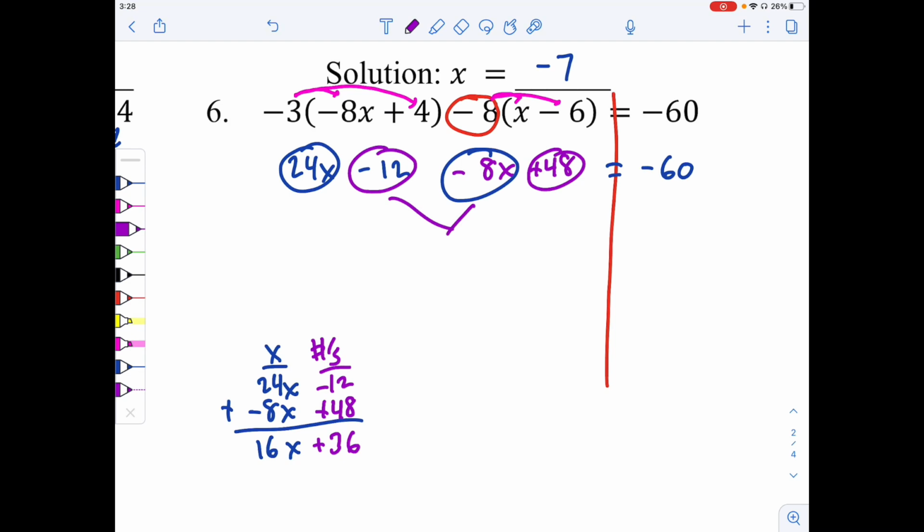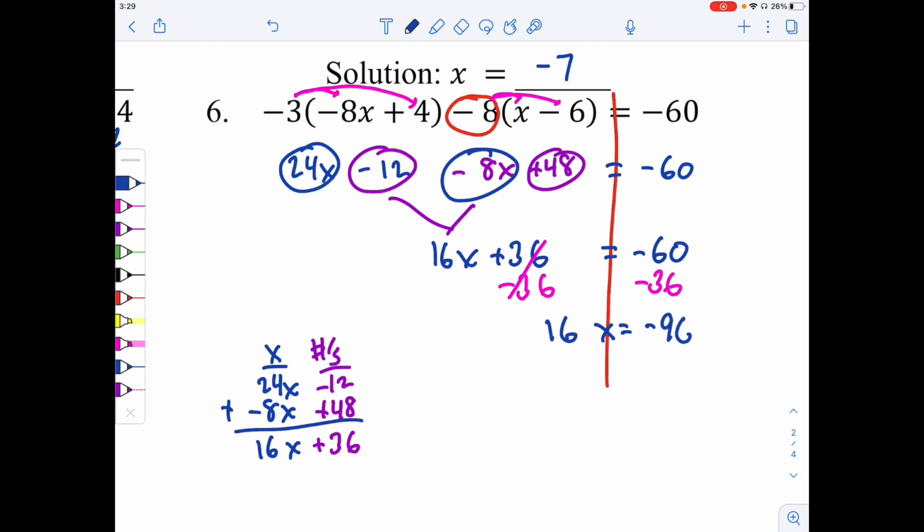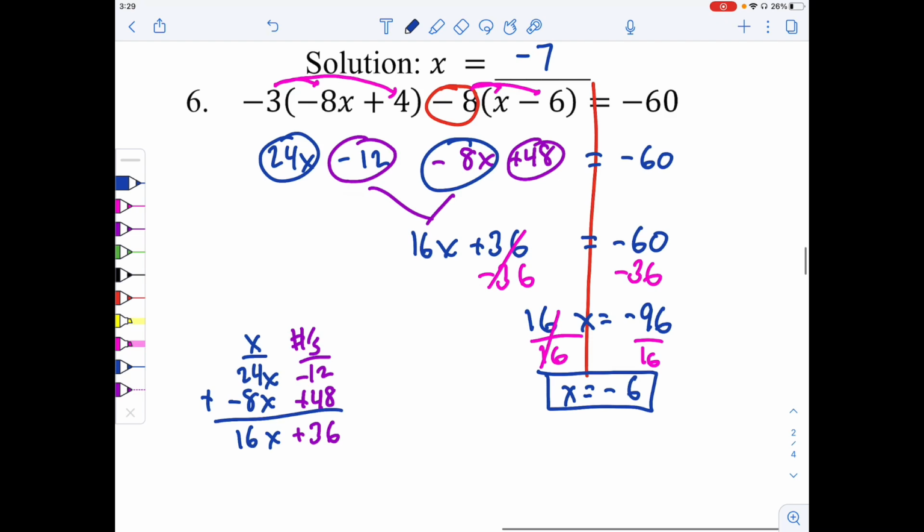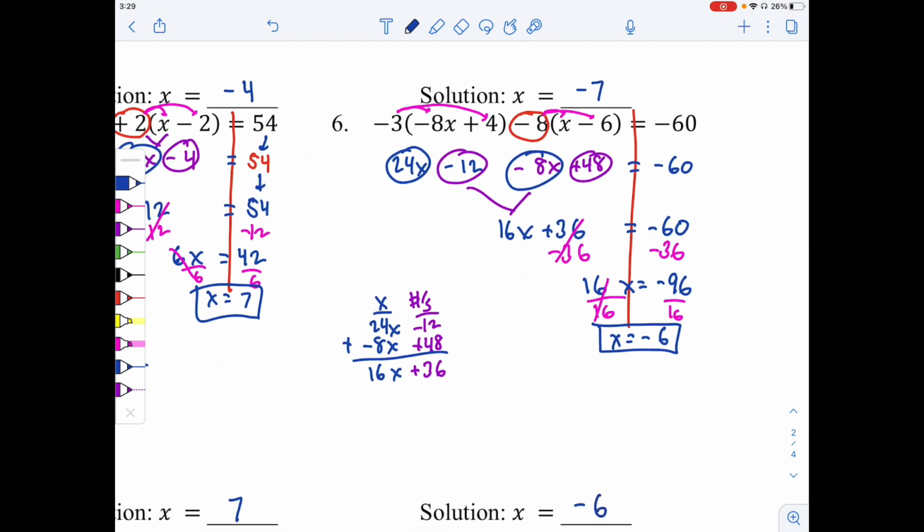And all this became 16x plus 36 equals negative 60. Then we're going to subtract 36 to solve. So we get 16x equals negative 96. And then divide by 16 to both sides. And we get x is equal to negative 6. So our solution is x equals negative 6.